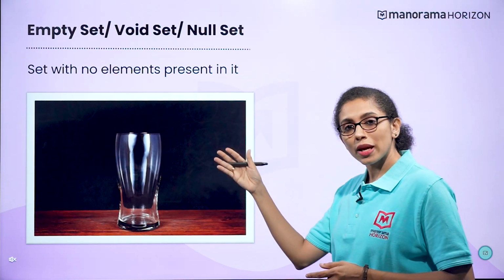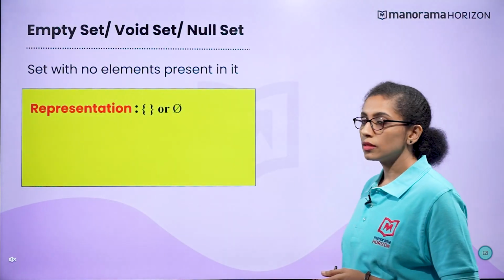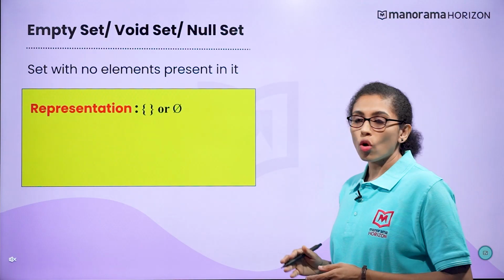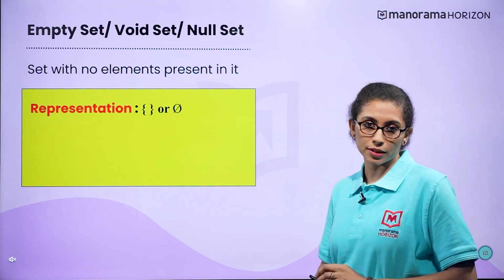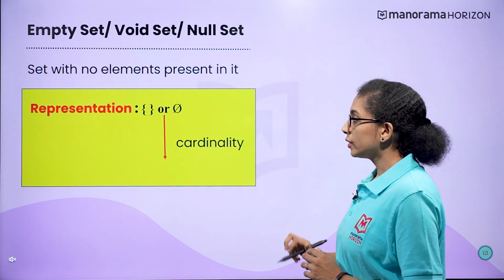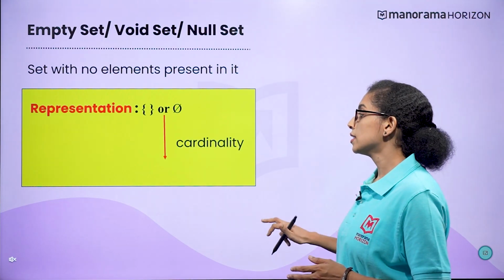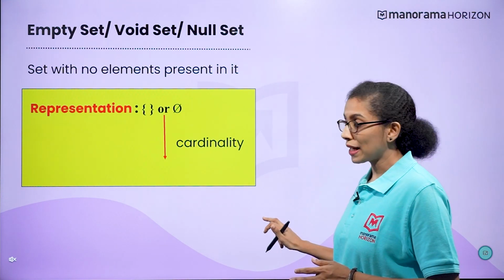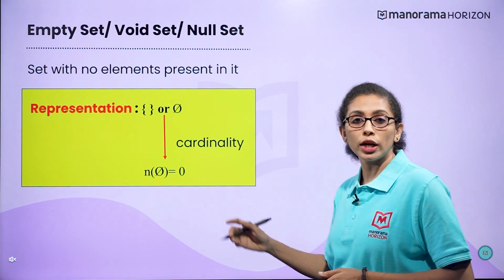One empty glass makes an empty set. Usually the symbols curly brackets or phi are used to depict an empty set. Also, the cardinality of an empty set is always 0. Mathematically, we can write it as n(phi) = 0.